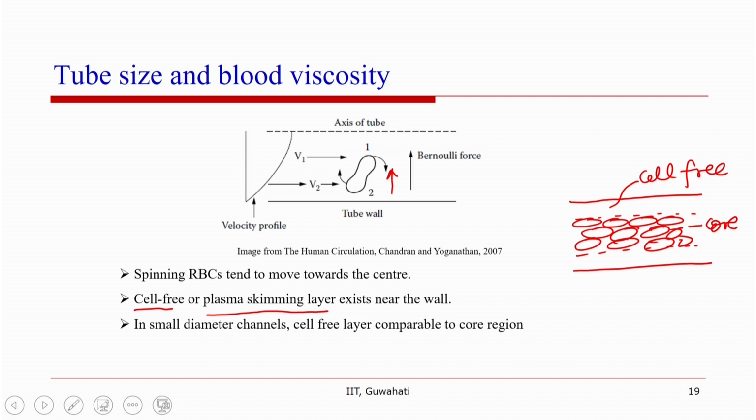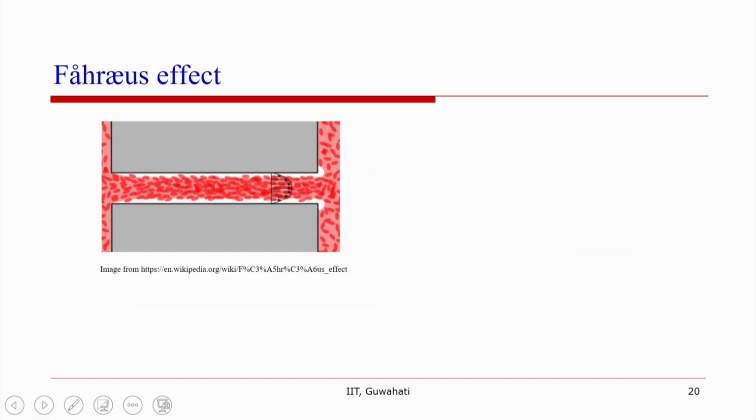In small diameter channels, because the thickness of the cell free layer is almost constant, the cell free layer becomes a significant part of the channel cross section, and it helps in minimizing the flow resistance or the apparent viscosity of the blood.